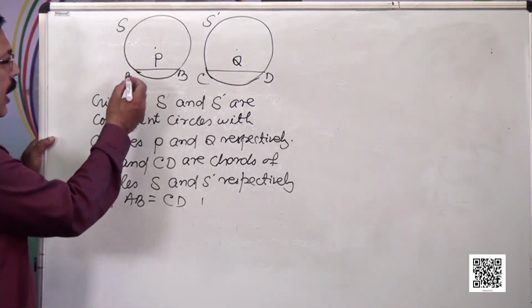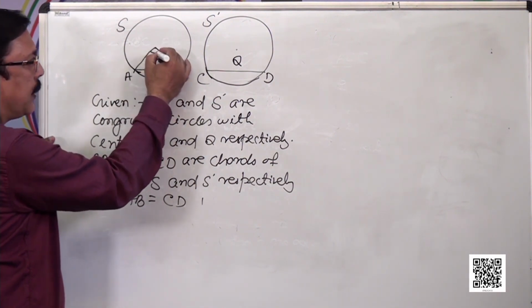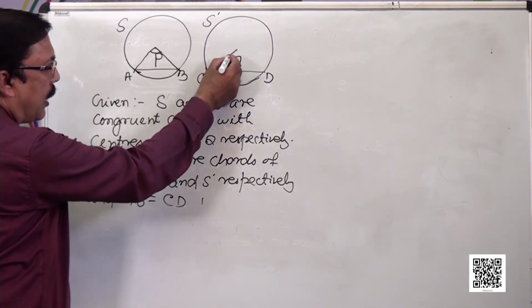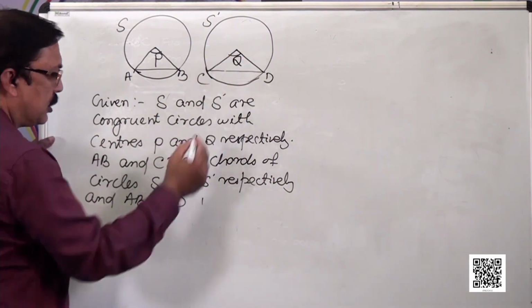Now the angle subtended at the center by AB is angle APB. Similarly, the angle subtended by chord CD at Q is angle CQD.